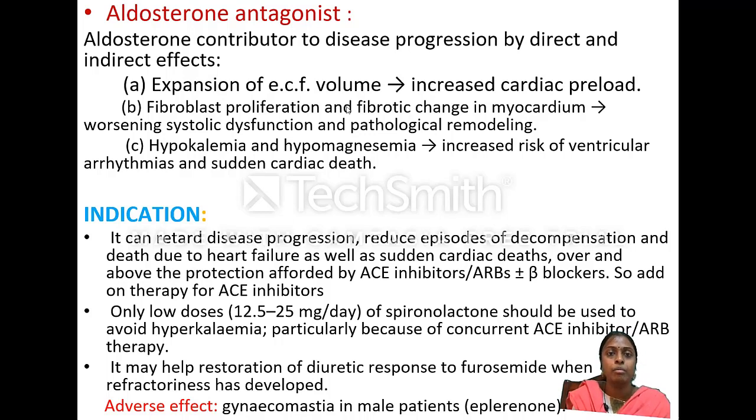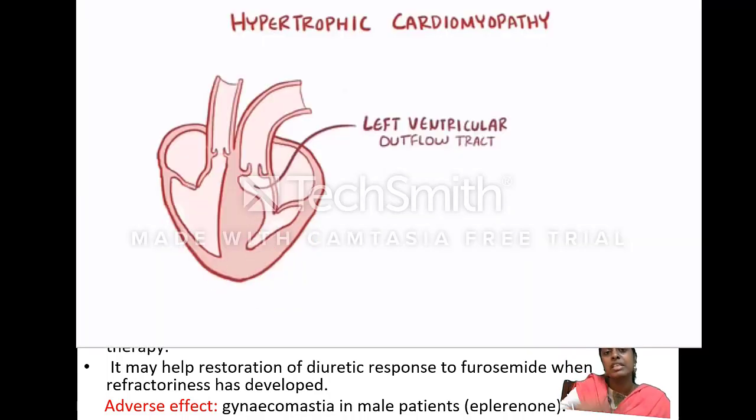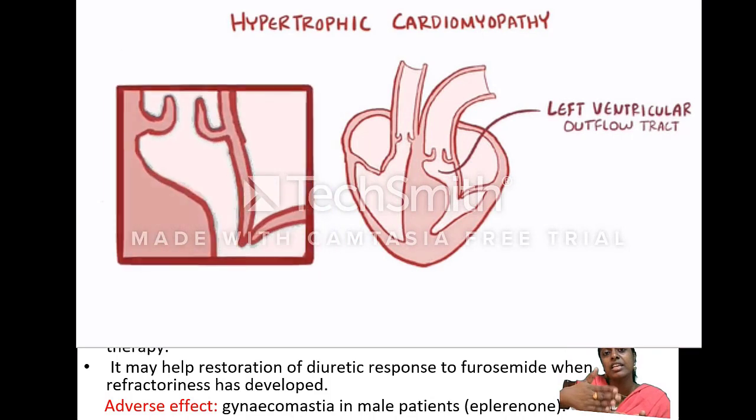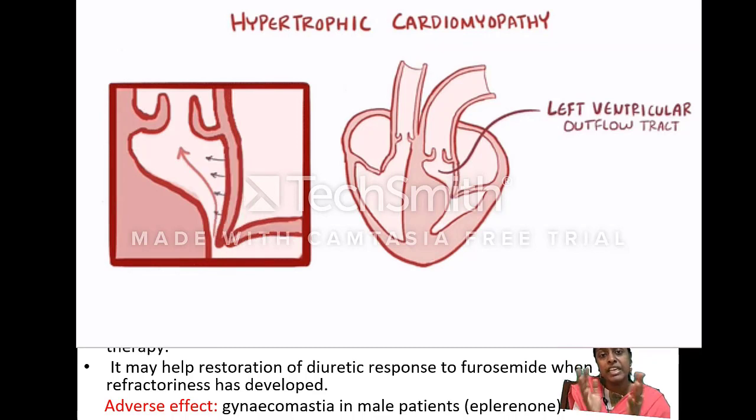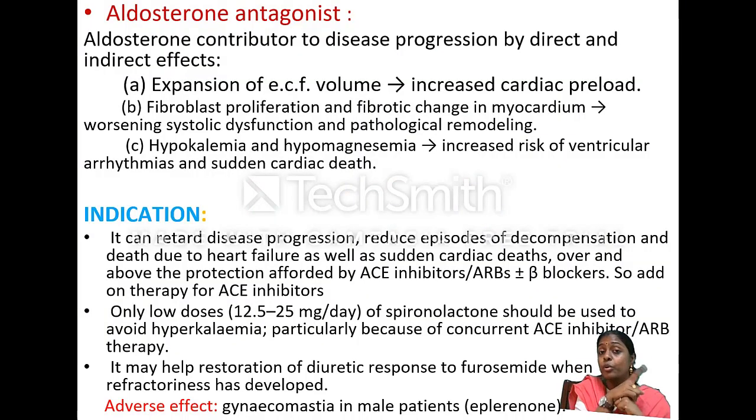The cells won't repair themselves, and it will change the myocardium layer also, and the layer will become thickened. For example, these cells will increase, and when the cells are increasing, the layer will increase and become thickened. When the layer becomes thickened, how will it contract or how will it relax?